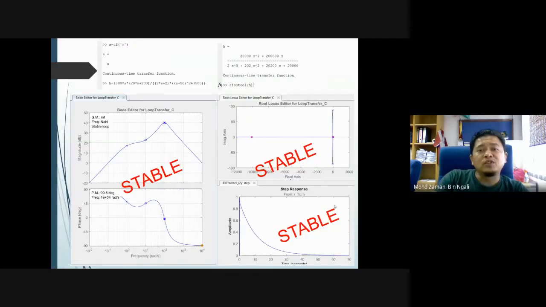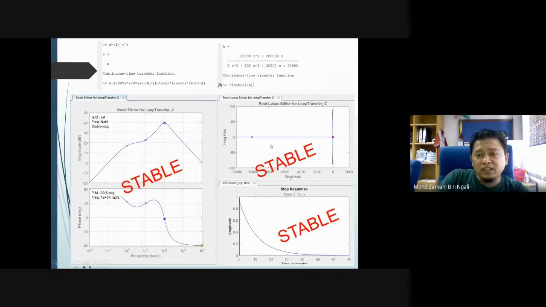Okay, so if we use Matlab and we write this command to have the same transfer function, and we use sisotool, you will get exactly the same lines as we have drawn just now, these two lines, and this one is stable.